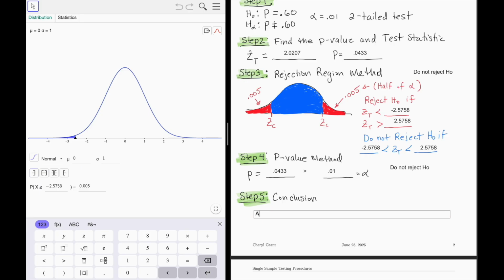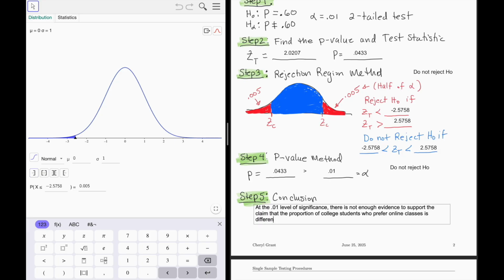So I would say at the 0.01 level of significance, there is not enough evidence to support the claim that the proportion of college students who prefer online classes is different than 60% or 0.60.